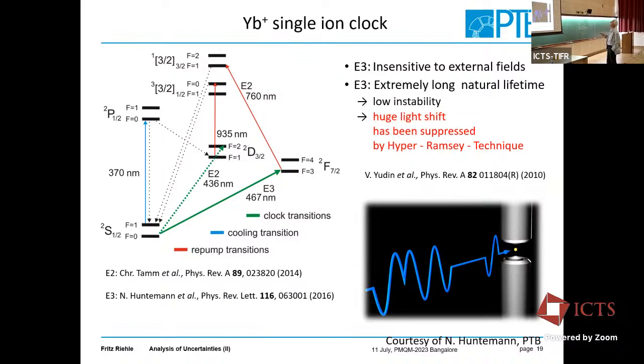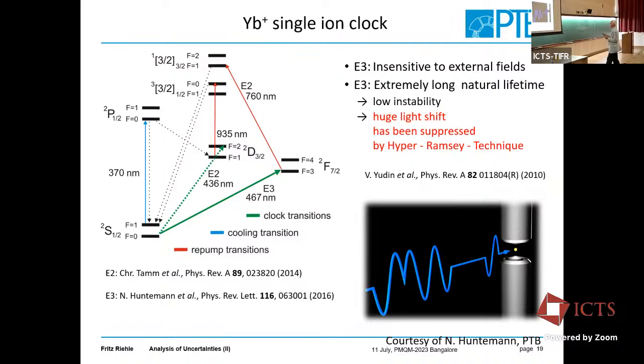E2 should mean it is rather insensitive to external fields, but due to the very long lifetime of this transition, small perturbations can shift the line more dramatically. And if you want to excite the line, you have to apply high interrogation fields. So the laser has to be cranked up to do this.